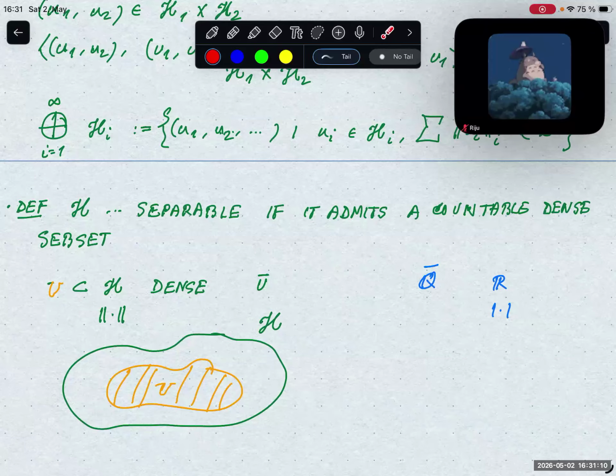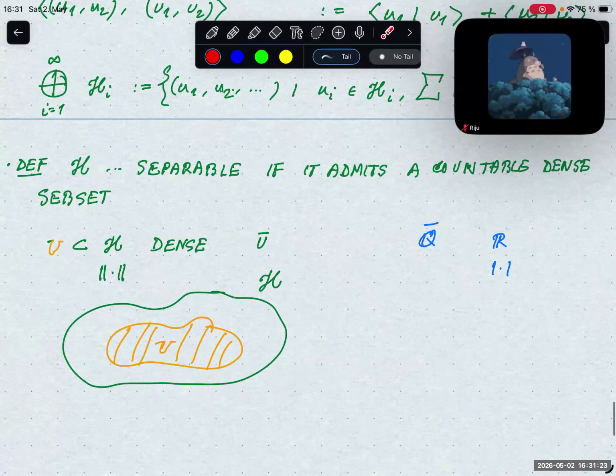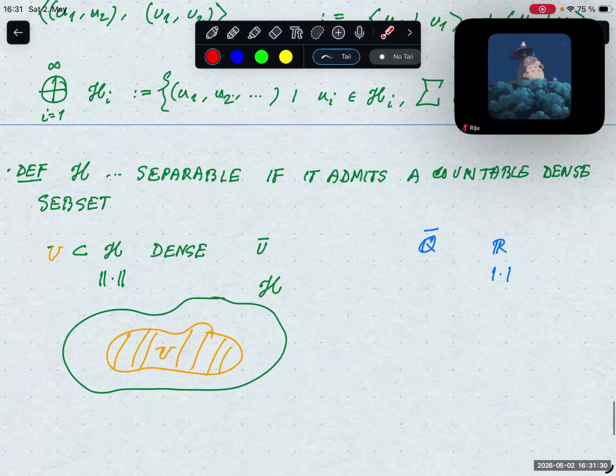Maybe I shall discuss it in a bit more detail later when we talk about operators, because we also need it. It might not be known to everyone, so it's better to discuss. But at least, hopefully, you get some intuitive notion. Okay, so that's the notion of separability.